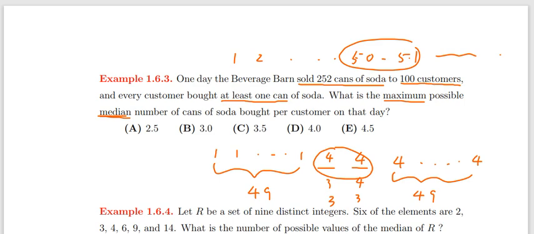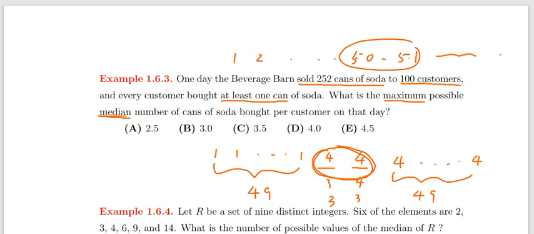We just want to find the largest numbers in these two positions. So we check if this is 1, 1, 1 and this is 4, 4, 4.